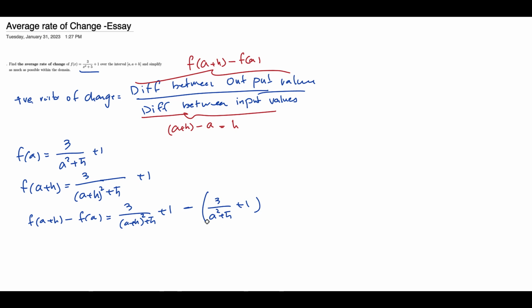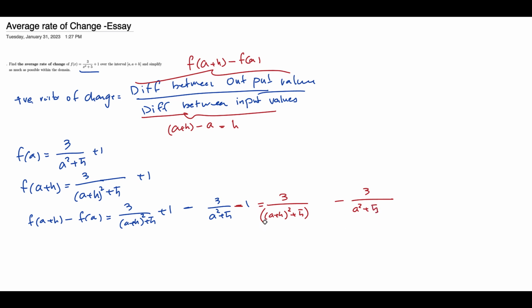Then I can remove the parentheses by distributing the negative sign, and immediately I see plus 1 and minus 1 simplify. So I end up with 3 over (a plus h) to the power 2 plus 5 in the denominator, then minus 3 over a squared plus 5.